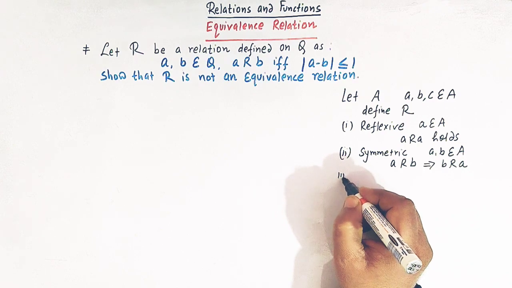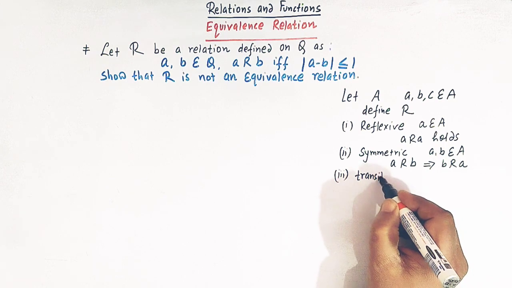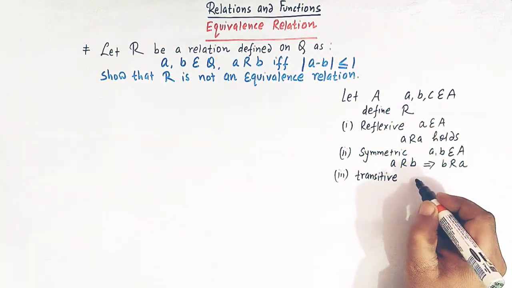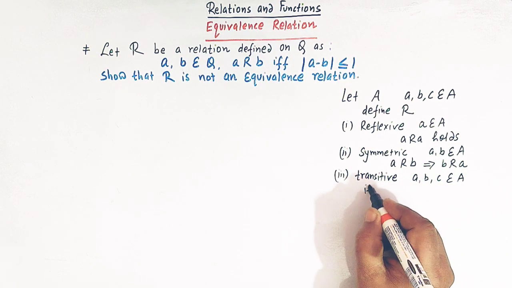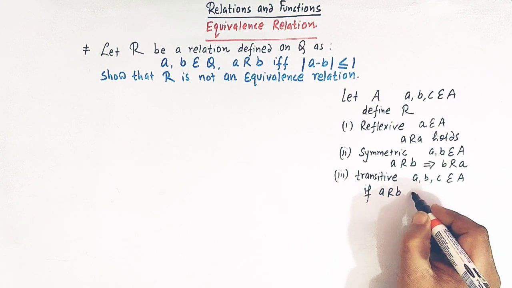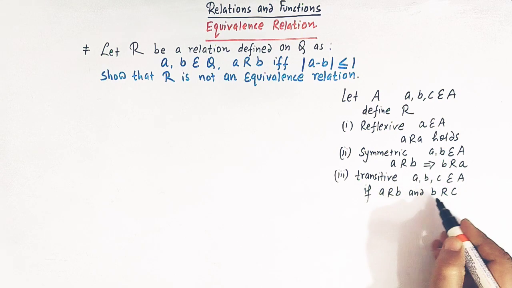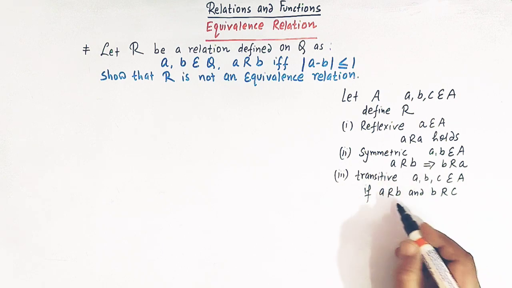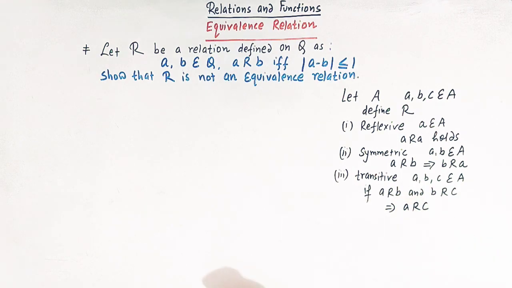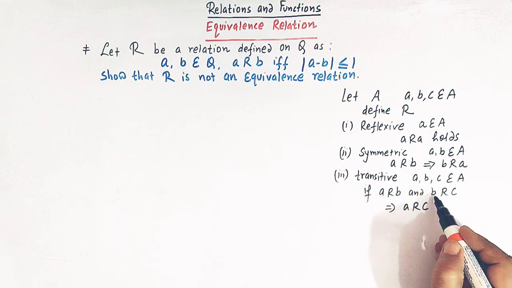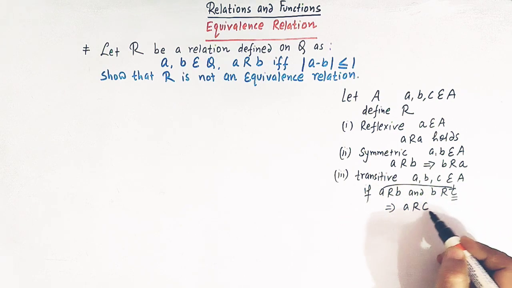And R is said to be transitive if we have three elements a, b, and c belonging to the set A, and if a is related to b and b is related to c, these two imply that a is related to c.